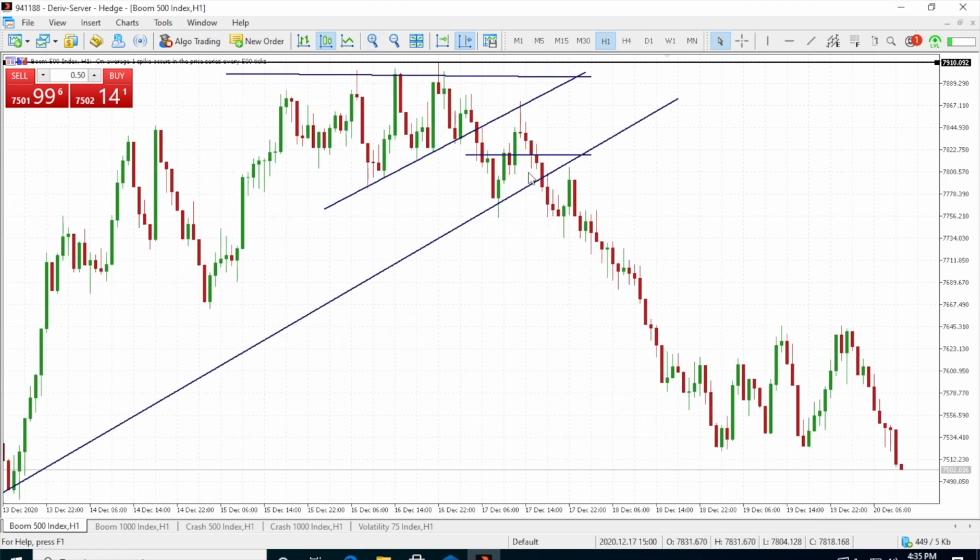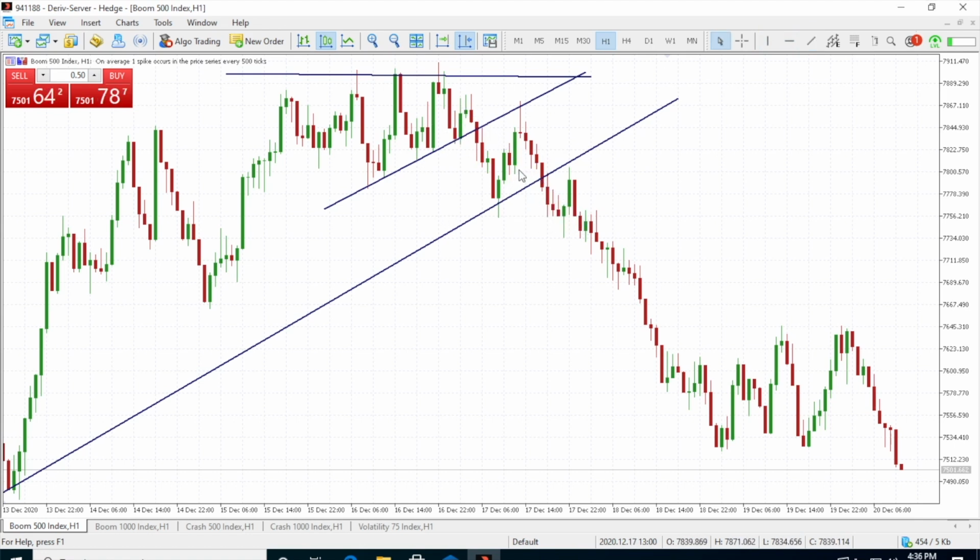Then finally it was not able to hold the price. So the market broke this bigger trend line. Also, this is another confirmation. The first confirmation is we have a triangle here which was broken at this level. Then after this triangle was broken, the market also broke this bigger trend line.